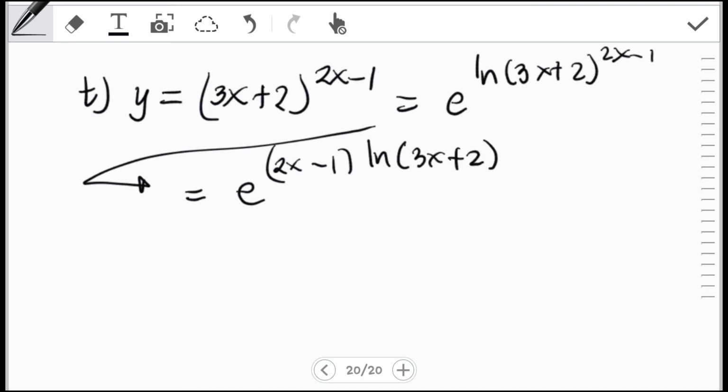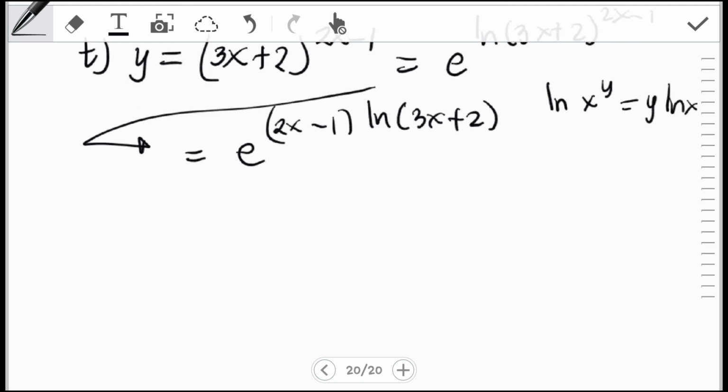Don't forget the property of logarithms: ln x to the power y is equivalent to y ln x.